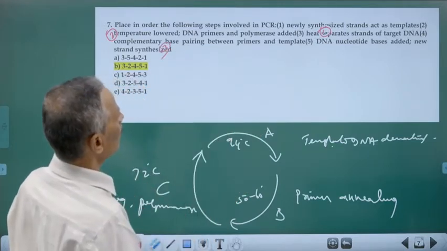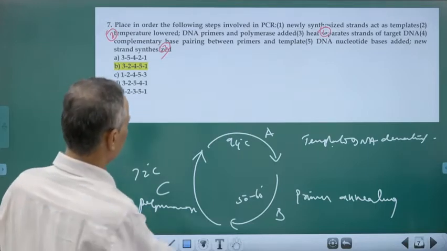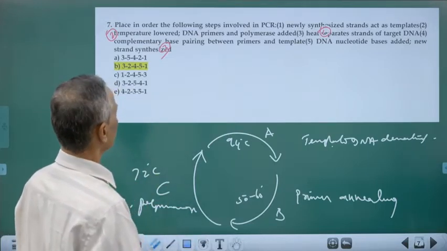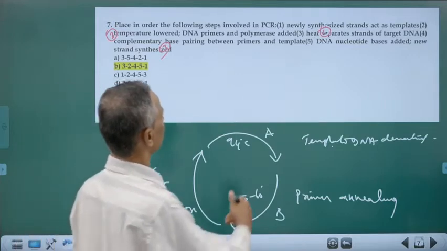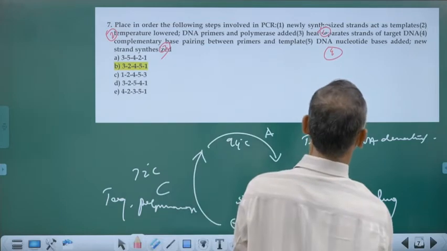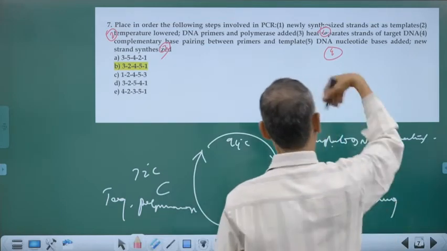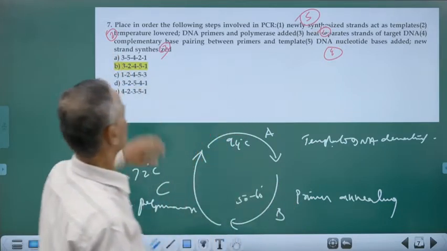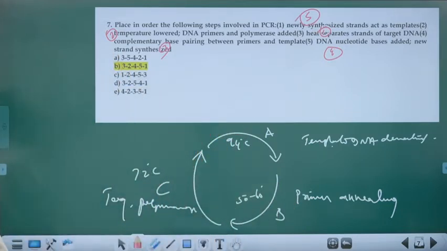And DNA nucleotides are added in this next stage, that is Taq polymerase, chain elongation, and finally newly synthesized strands act as templates for the next one, that is the 5th stage. Okay, so these are the 3 basic steps in PCR.